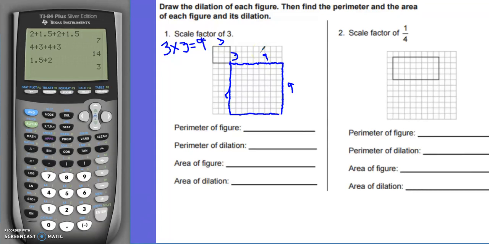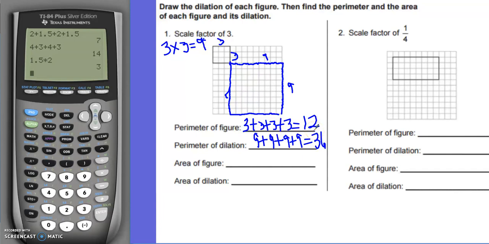Okay, the perimeter. Well, that's just 3 plus 3 plus 3 plus 3, which is 12. If we do perimeter of the dilation, it is 9 plus 9 plus 9 plus 9, which is 36.